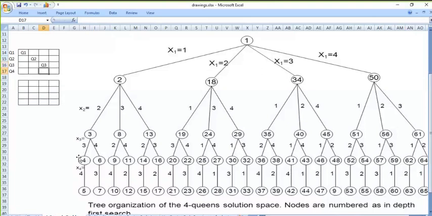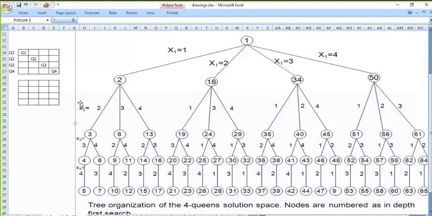Then from 4 I can have node number 5, and this is for x4, which means queen 4, row number 4. I would position it at x4 equals 4, meaning the fourth column, so q4 would be placed over here. Here we are not trying to get the final solution. I'm just showing you how we position the queens with respect to this state space tree.